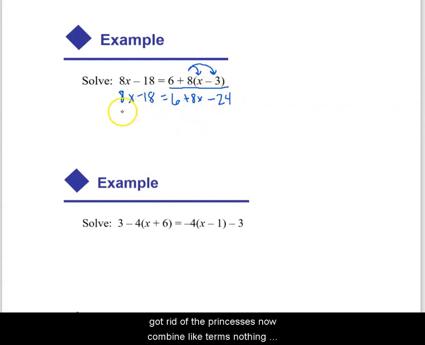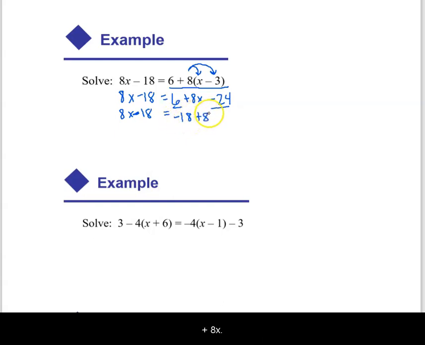Now, combine like terms. Nothing on this side for me to combine. But the 6 and the negative 24 could go together. 6 minus 24 is negative 18 plus 8x. Then I want to see, okay, I need to get rid of variables that are on both sides. So I'm either going to have to move this 8x or I'm going to have to move this 8x.